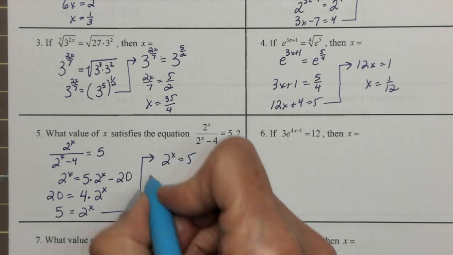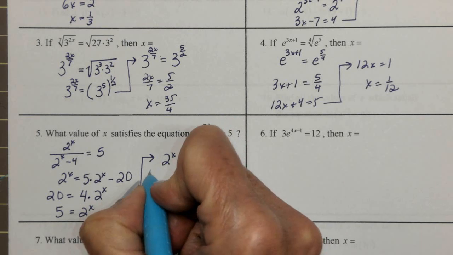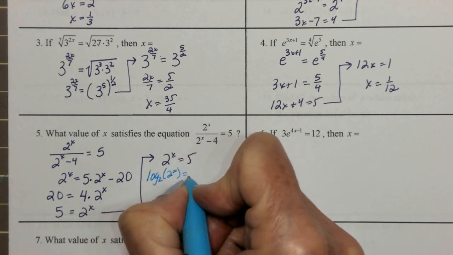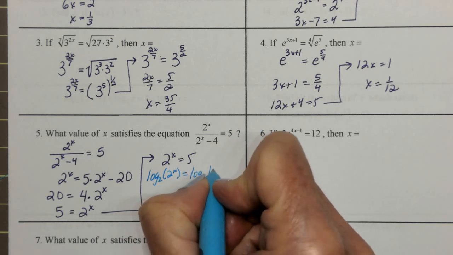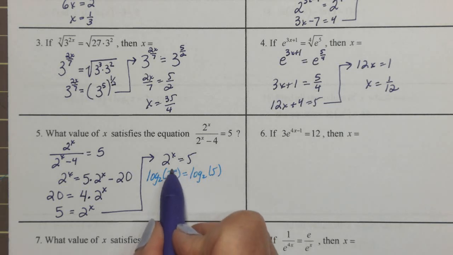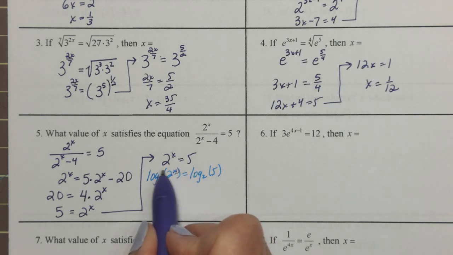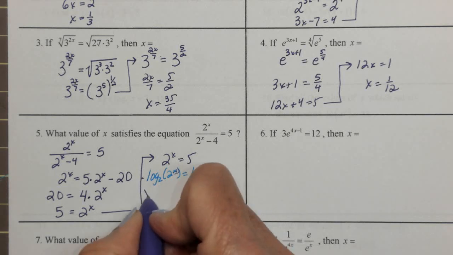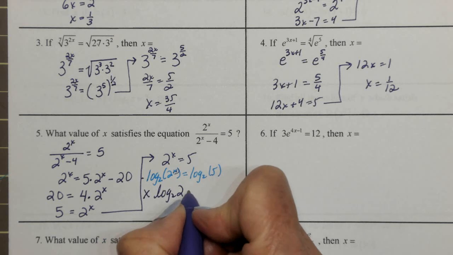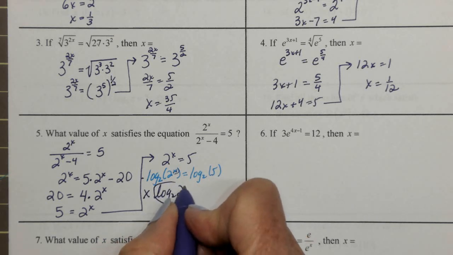of both sides. If I do that, log base 2 of 2 to the x is equal to log base 2 of 5. What that allows me to do is move this exponent to the front, and now it's x, and then I'm left with log base 2 of 2, but that is just 1.